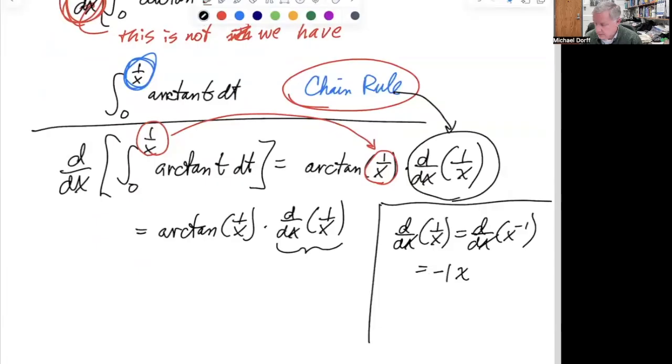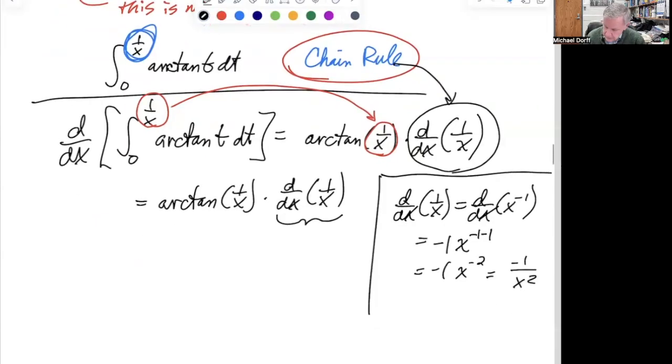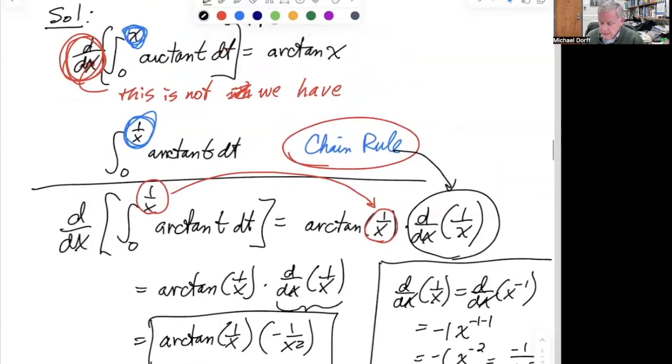Negative 1 minus 1 is negative 2, so I get negative 1 times x to the negative 2, which is the same as negative 1 over x squared. So I have the arctan of 1 over x times negative 1 over x squared. That's my answer.